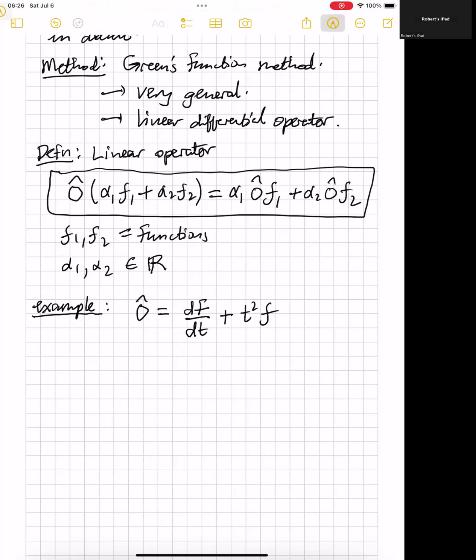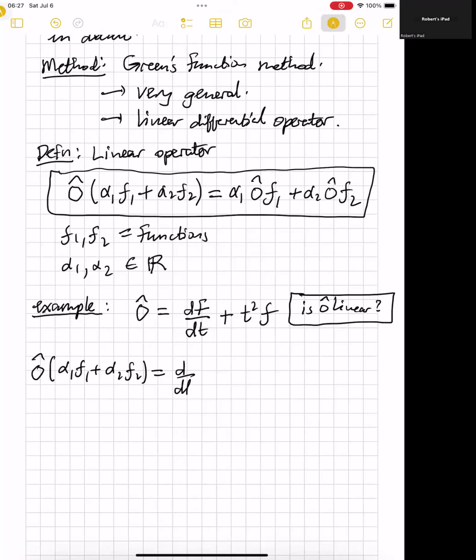And now how do we check? What do we want to check? Is Ô linear? That's the basic question we're asking now. So we take Ô and we act on α₁F₁ plus α₂F₂. Well, that's easy.